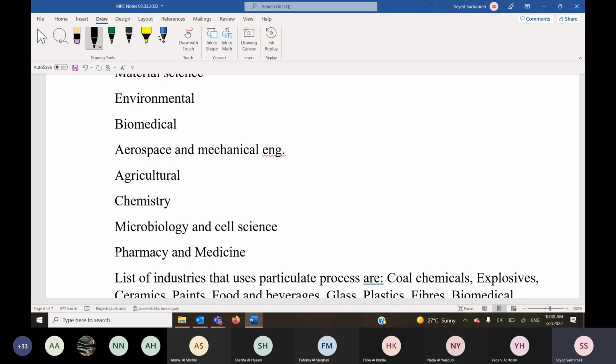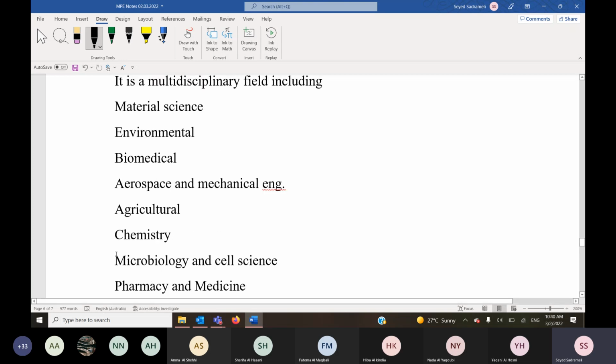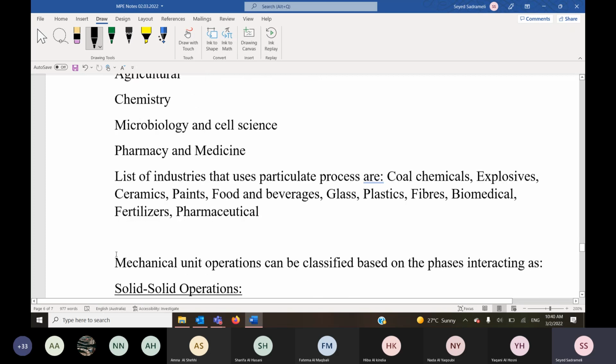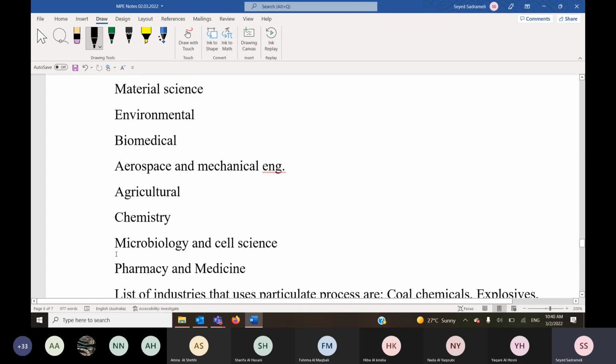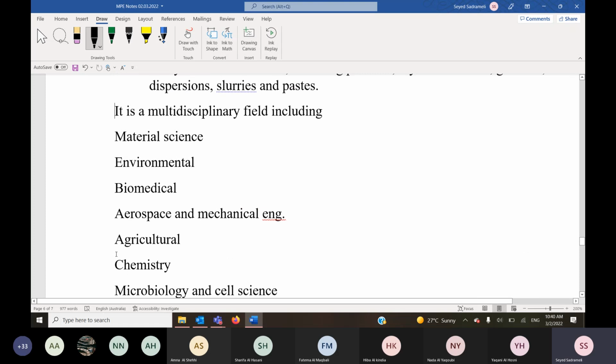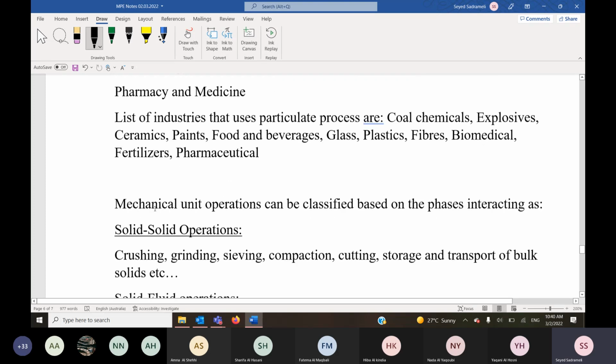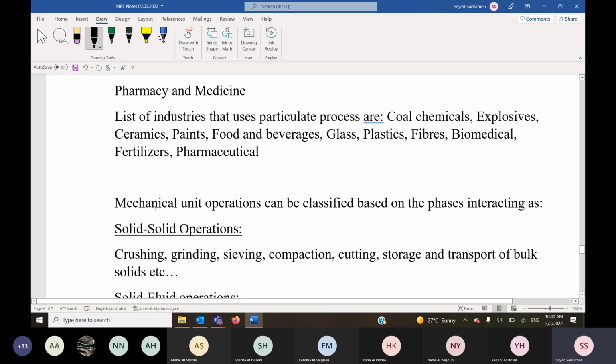In biomedical, also some of the medication or solid handling. In environmental, we are with the particles, and also in material science. So all of the multidisciplinary fields are included in the mechanical process engineering topic.